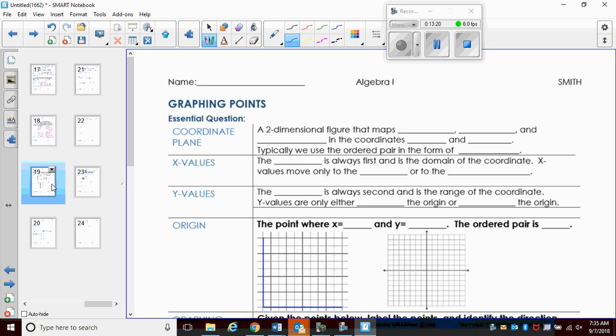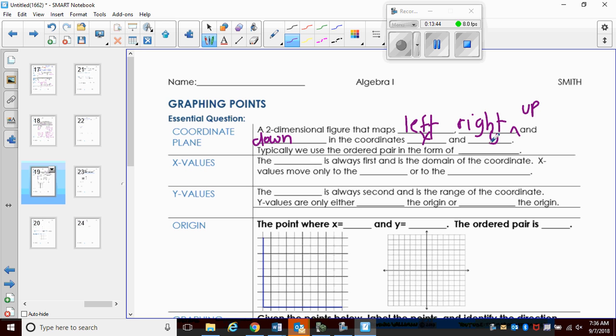Okay? So on the coordinate plane, a two-dimensional figure always maps left to the right. And we're going to have one more up and down. Okay? And the coordinates, x and y.